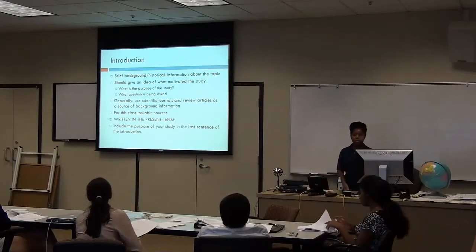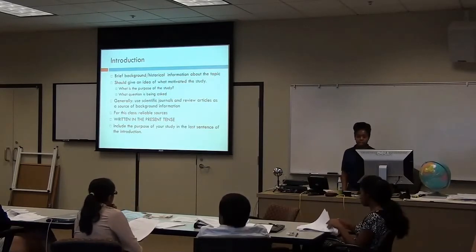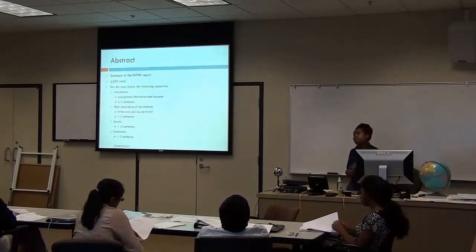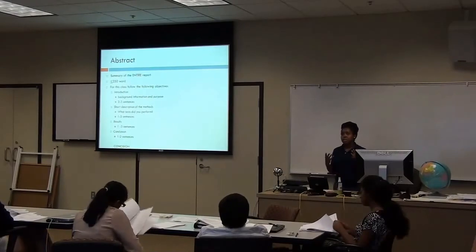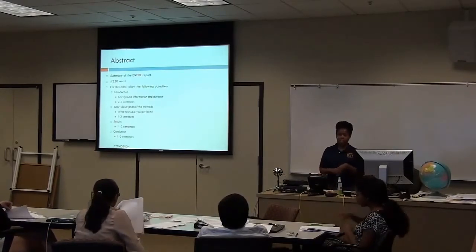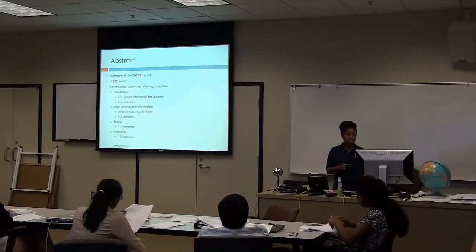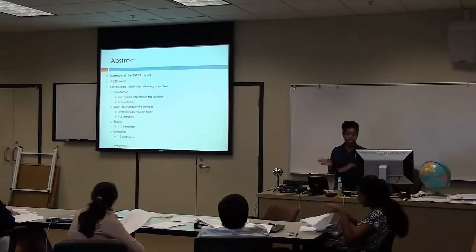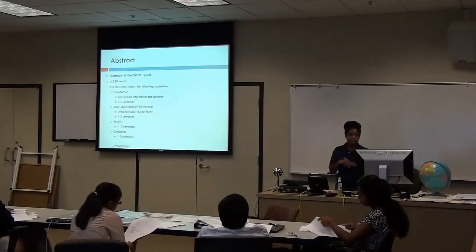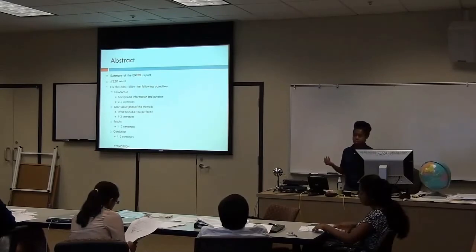So yes, it's written in the present tense, like the discussion is also written in the present tense. So the abstract. Students tend to find the abstract difficult because it's so concise. So I've given you guys a reference of how long these sentences should be. For your introduction portion, it should be 2 to 3 sentences.